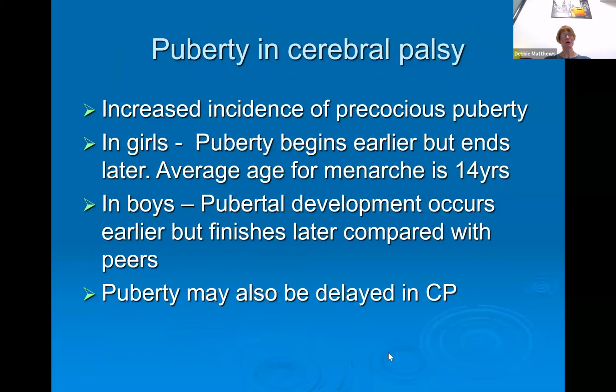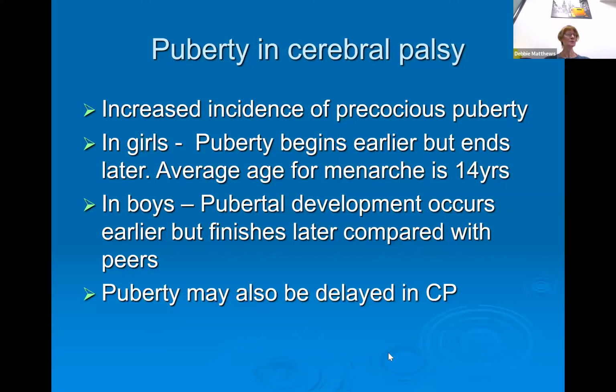So puberty in cerebral palsy, we know there's an increased incidence of true central precocious puberty. So puberty occurring well below the ages of 8 in a girl or 9 in a boy, often very early, 3 or 4 years. In girls and boys with cerebral palsy, not necessarily fully precocious, we find that puberty tends to begin earlier in these individuals, but ends later.